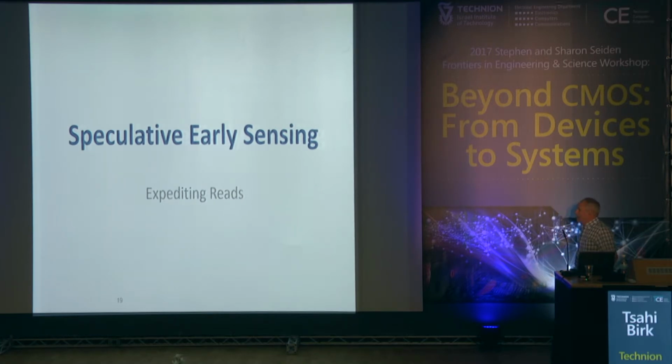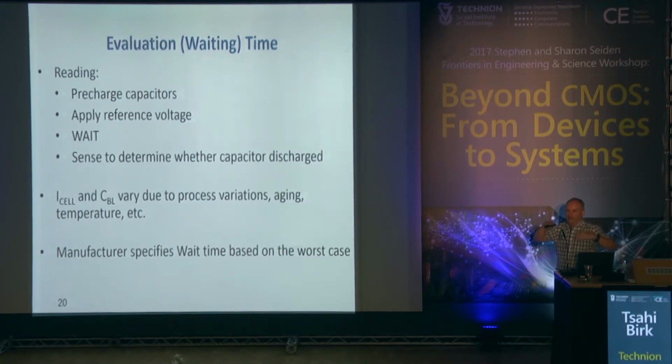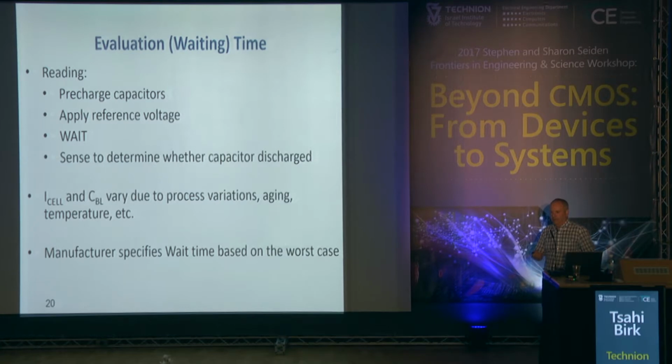Let's move to the next trick in the bag, which is speculative early sensing. And here our purpose is to reduce read time. Now in reading, as I said, we pre-charge a capacitor, then apply a reference voltage to check whether the threshold voltage is above or below, wait for a while, and then the sense amplifiers check whether this capacitor is discharged.